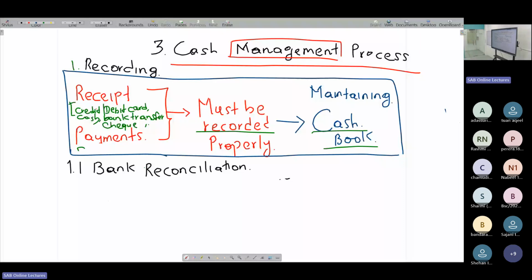What is the purpose of recording transactions? Physical cash movement should be recorded properly in the books to avoid differences. For example, let's say you had 5,000 rupees on Monday.